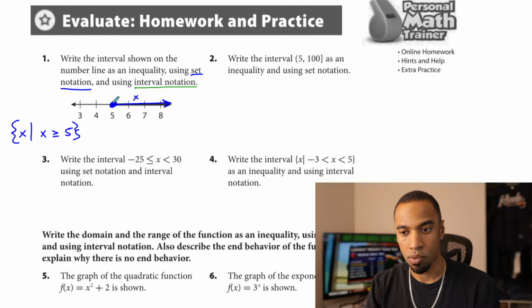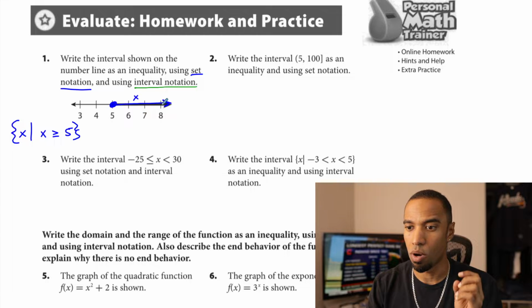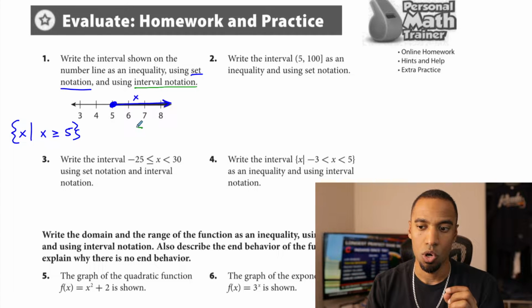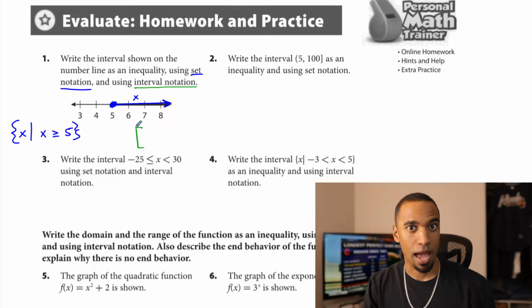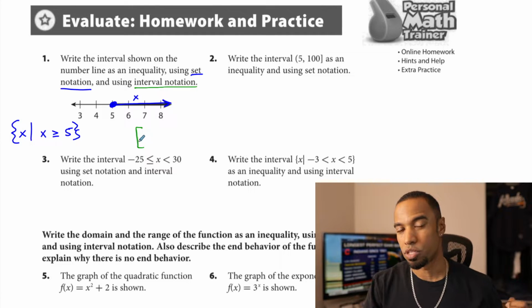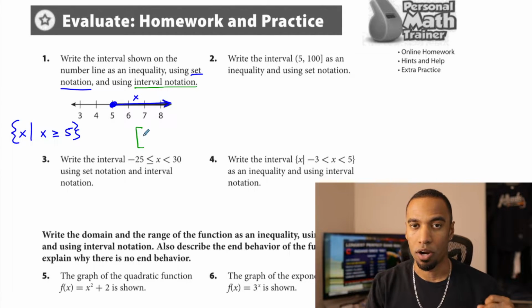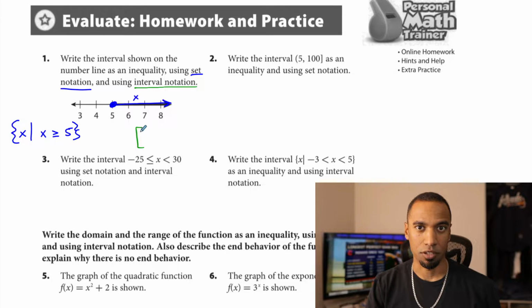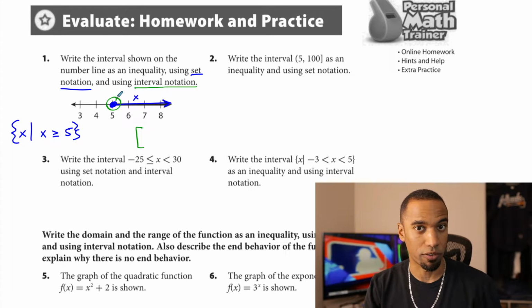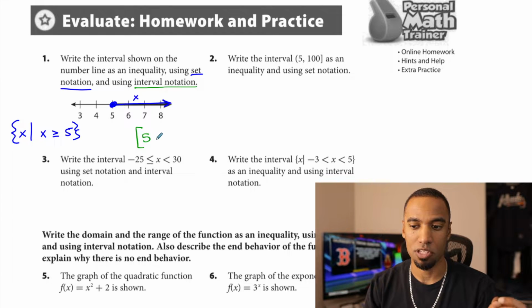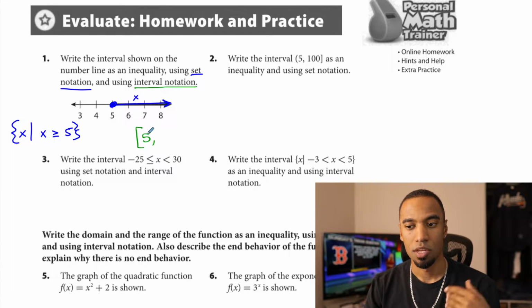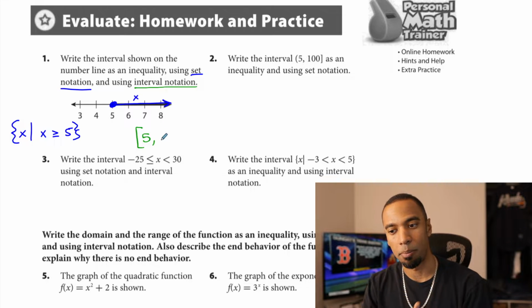Now, this goes as low as 5, and it includes 5. So what we do for interval notation, guys, is we use a square bracket when we're referring to including our bound value. We will use a parenthesis when we are not including our bound value, when you would see an open circle, for example. But here was a closed circle. 5 is included. 5 is the lower bound. And I'm going to put a comma. So lower bound here, comma, upper bound here.